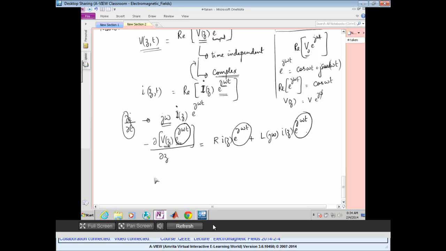And what I will end up getting is minus the full derivative dV by dz. It became a full derivative because now V is only a function of z. The way we have defined V and I is such that V is only a function of z, I is only a function of z. This could be complex, equal to R plus j omega L times Iz.